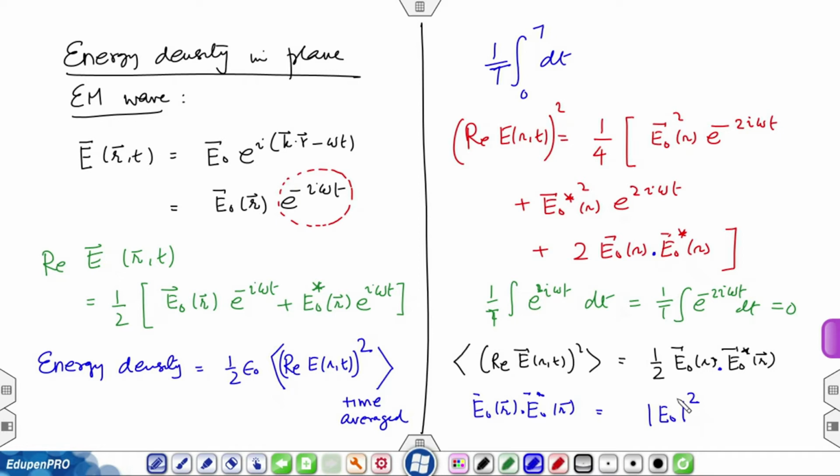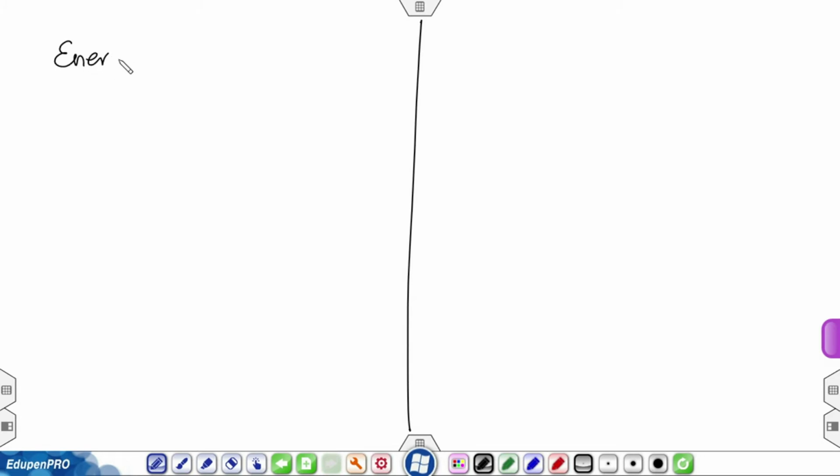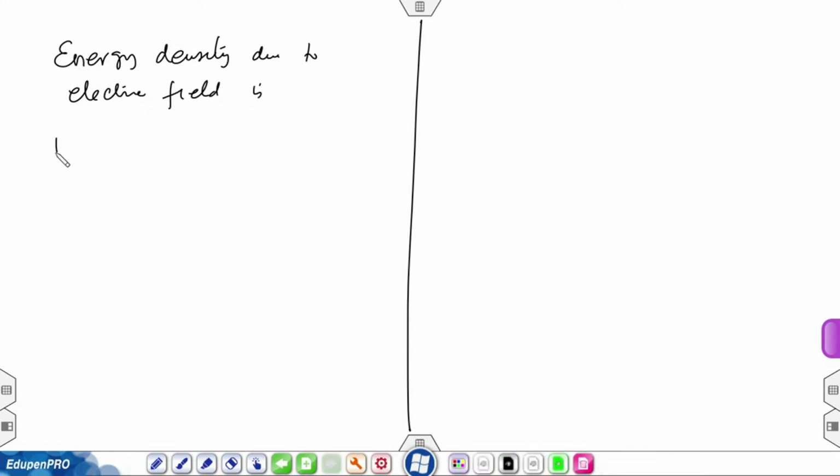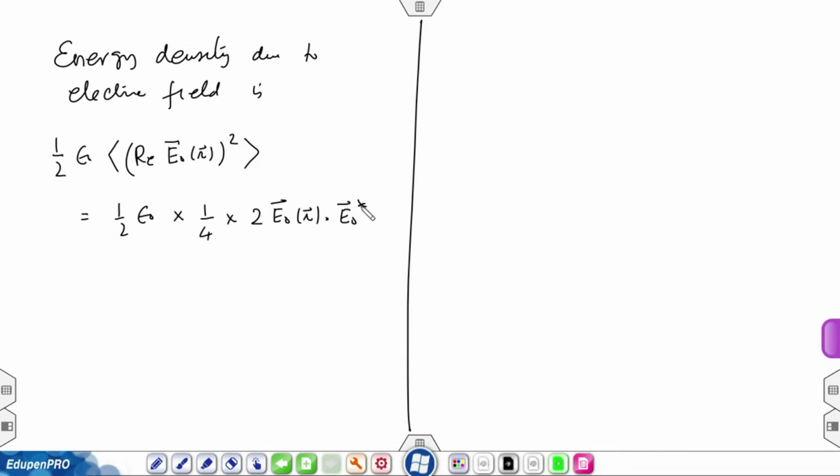So, we are getting it all right, and therefore, the energy density due to electric field is 1/2 epsilon_0 times the time average of real E square, which is 1/2 epsilon_0 times 1/4 times 2 E_0(r)·E_0*(r), which comes out to be equal to 1/4 epsilon_0 E_0(r)·E_0*(r).